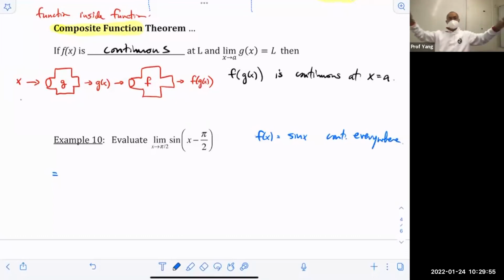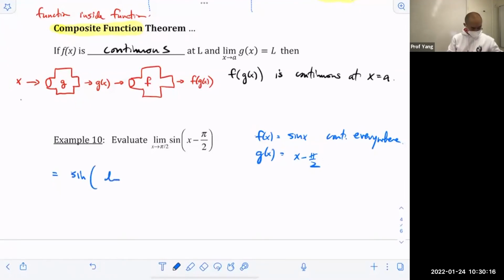You guys know sine looks like this. The domain is all real numbers. The range is from -1 to 1. Our g of x is just going to be this inside function, x minus pi over 2. That's the inside function. We can rewrite this limit as the sine of the limit as x goes to pi over 2 of x minus pi over 2.